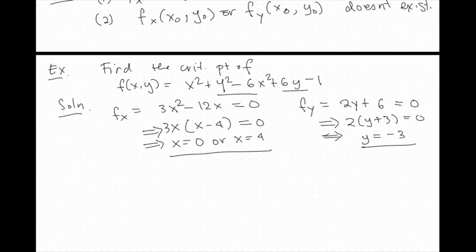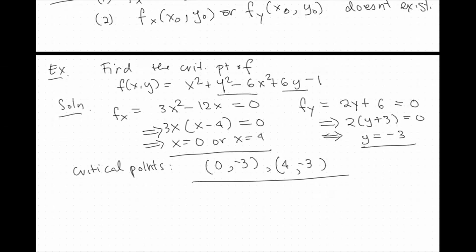In this case, we pair them. So the critical points are the following: 0 and negative 3, and 4 and negative 3. All right, that's it. These are the critical points.